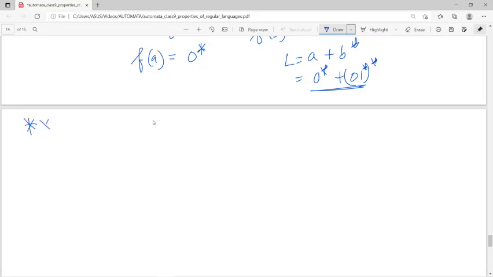But you should make a note of this important thing: regular languages are not closed under infinite union. What does it mean?